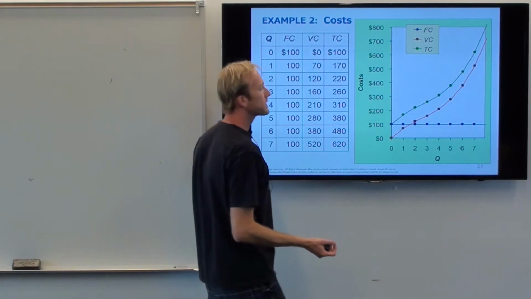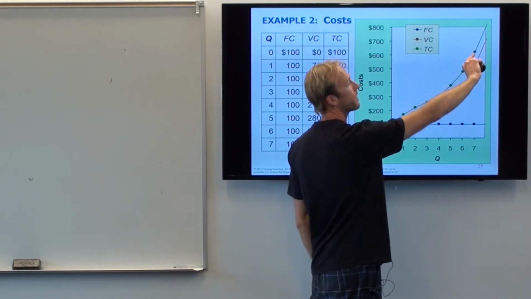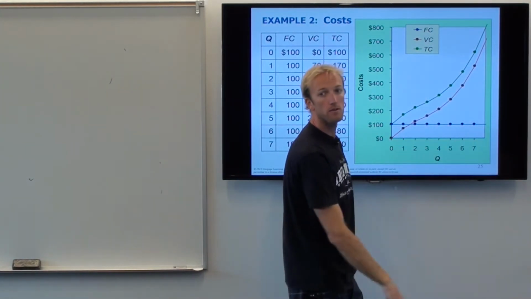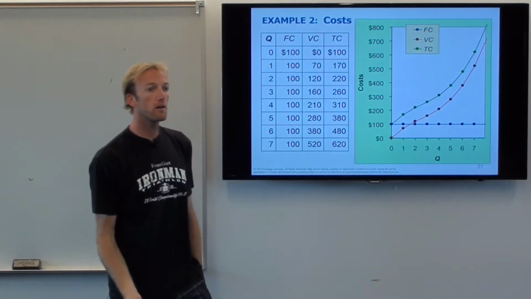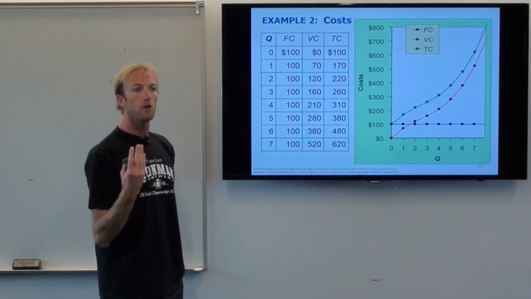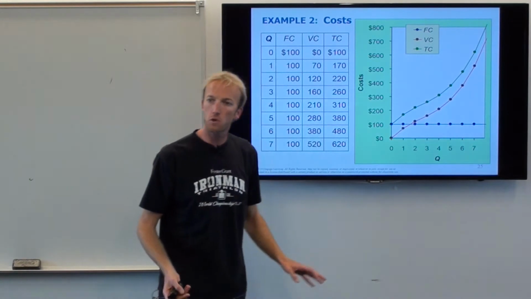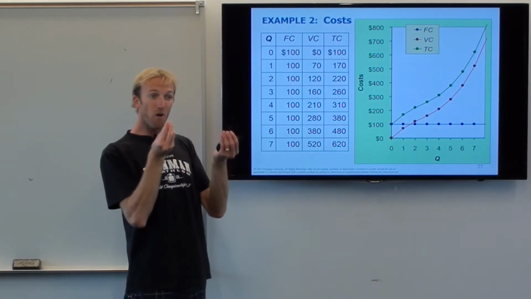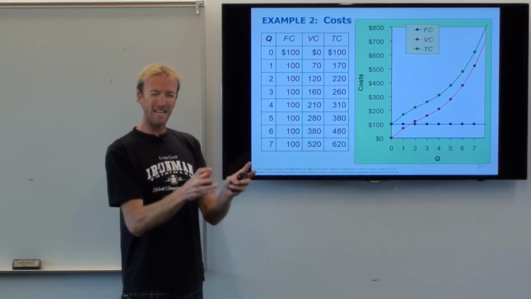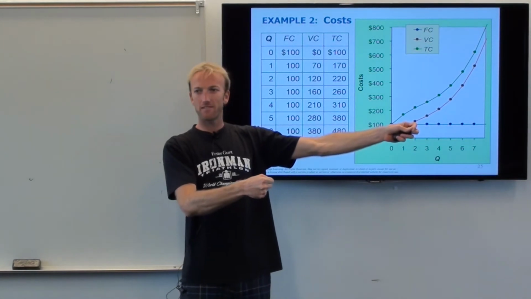And so at every point in time, this green curve should be $100 above the orange curve. Right? Because we're just adding on $100 at every point. So the green curve should always be $100 above the orange curve because the green curve is the total cost curve that they have to pay. Notice it too experiences this thing where the costs start to get out of control. That's because of diminishing marginal product, which means that if you put in more inputs, you don't always get a lot more output.